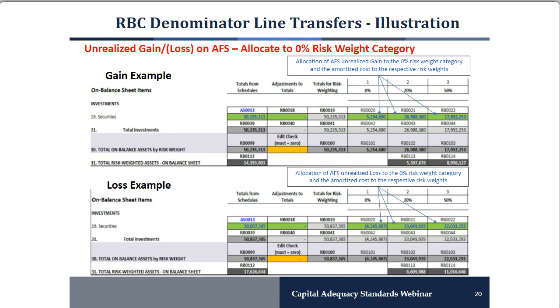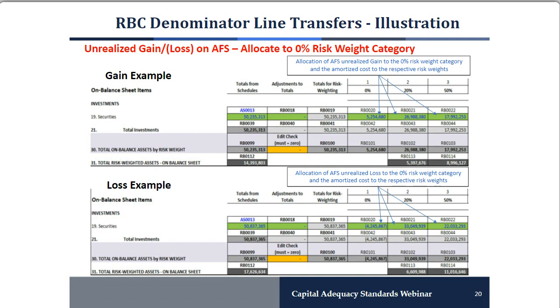For purposes of this example, the assets in those categories have an unrealized gain of approximately $5 million, which is slotted into the 0% risk weight category. The intent of this is to risk weight only the amortized cost for RBC purposes. Notice that the totals from schedules, adjustments to totals, and totals for risk weighting columns remain unchanged.